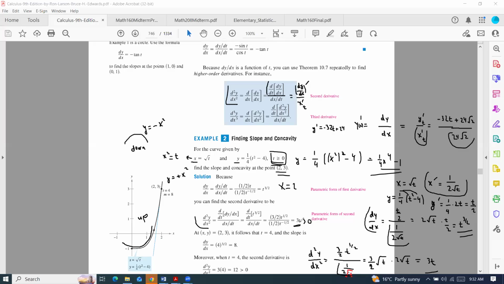Put 1 or 2 or 10, any positive number times 3 is positive. So point is, it is going to be concave up, no matter what point you consider with positive x coordinates. So x equal to 2, okay, so it's still going to be positive, so the result is a concave up function at that particular point that they have.